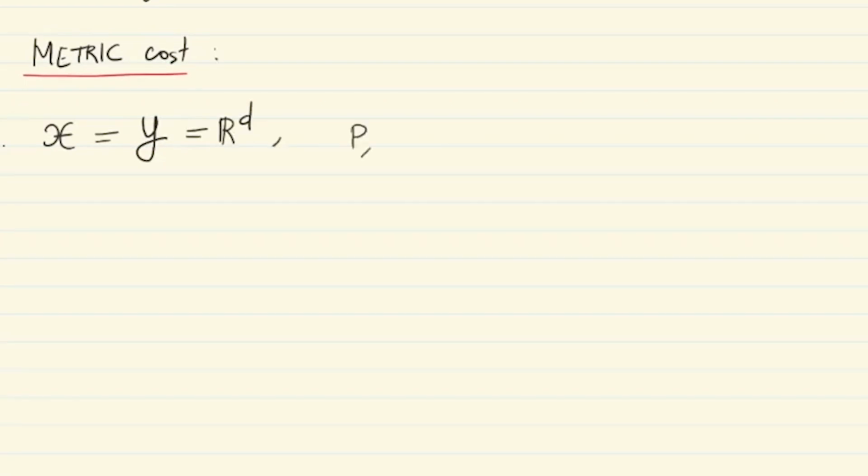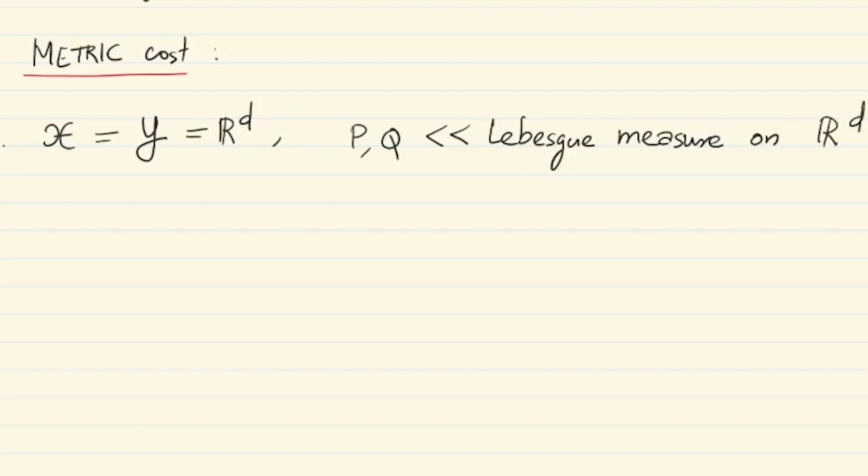And P and Q are both given to be marginals on Rd that are absolutely continuous measures with respect to Lebesgue measure. So there are two probability densities. Okay. So let's say P and Q are two given probability densities with the cost structure C(x, y) between two points in Rd just being the standard norm difference between x and y.